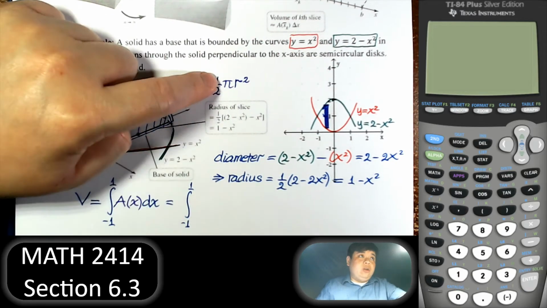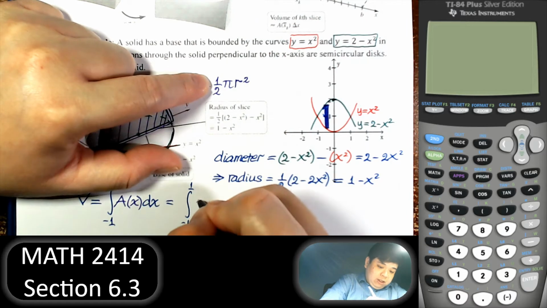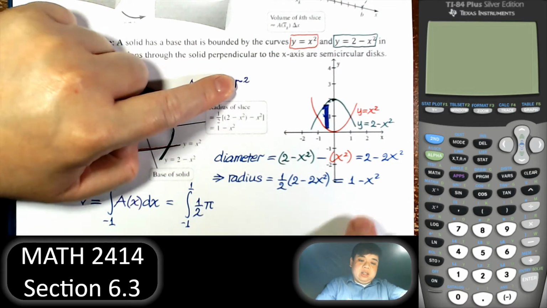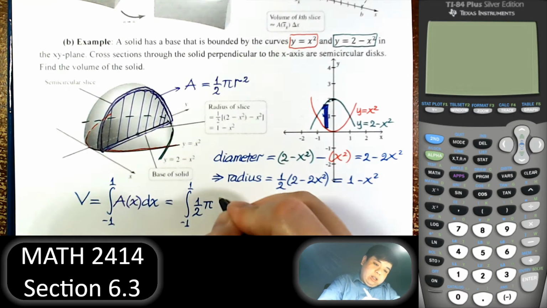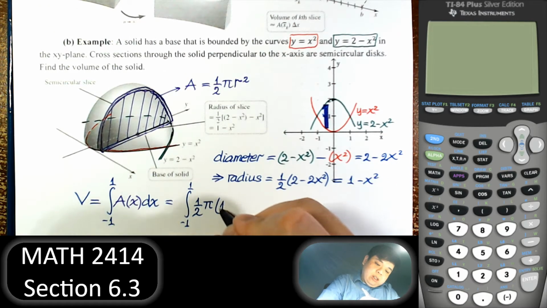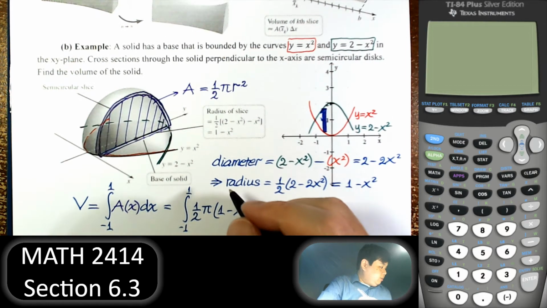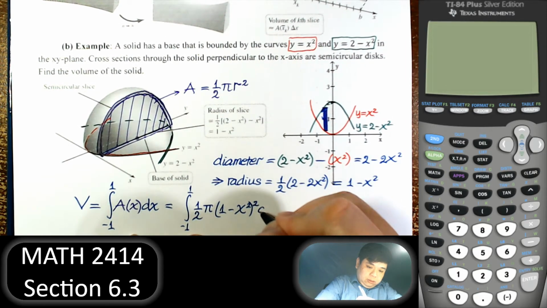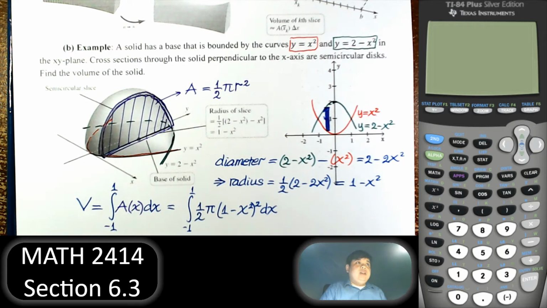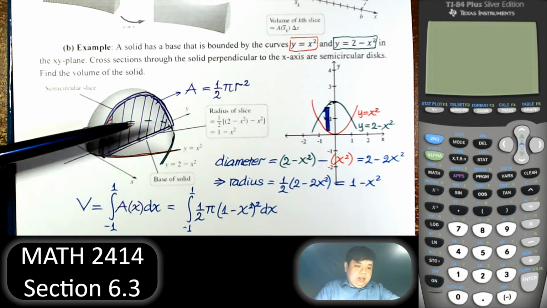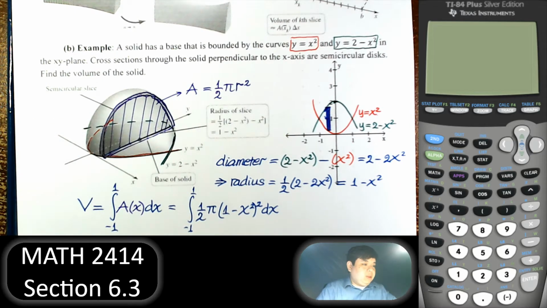The cross-sectional area is 1/2 pi r squared. The radius is going to be 1 minus x squared, and then square again. That gives us the volume of that region.